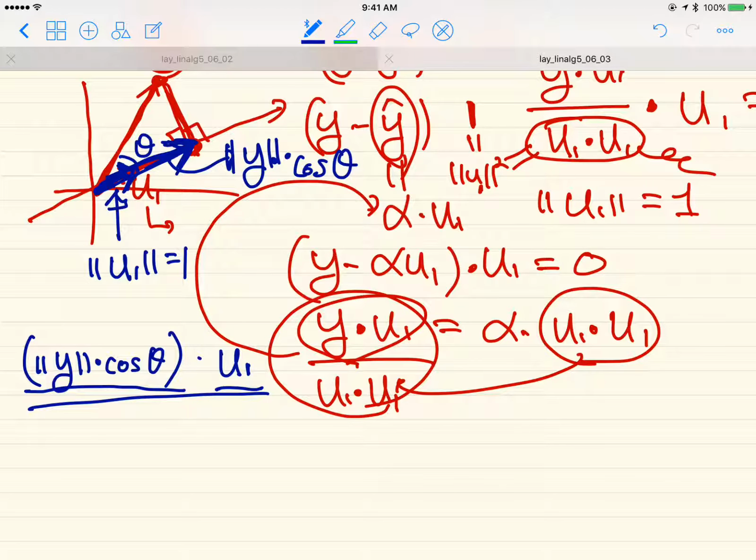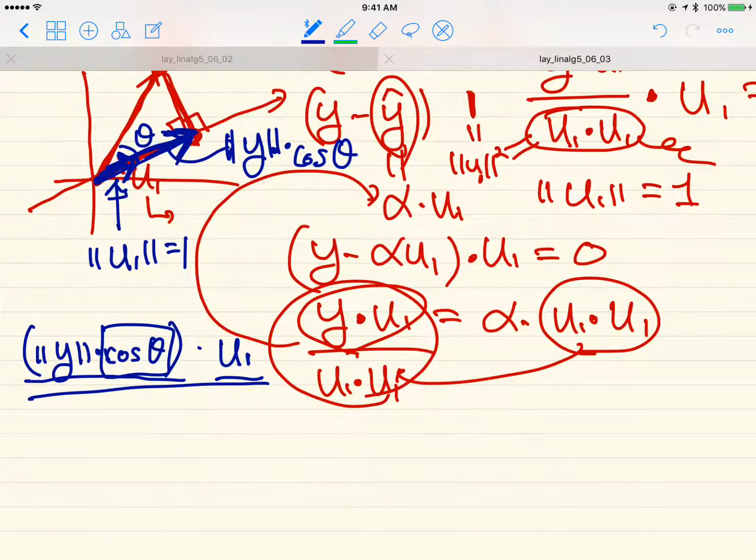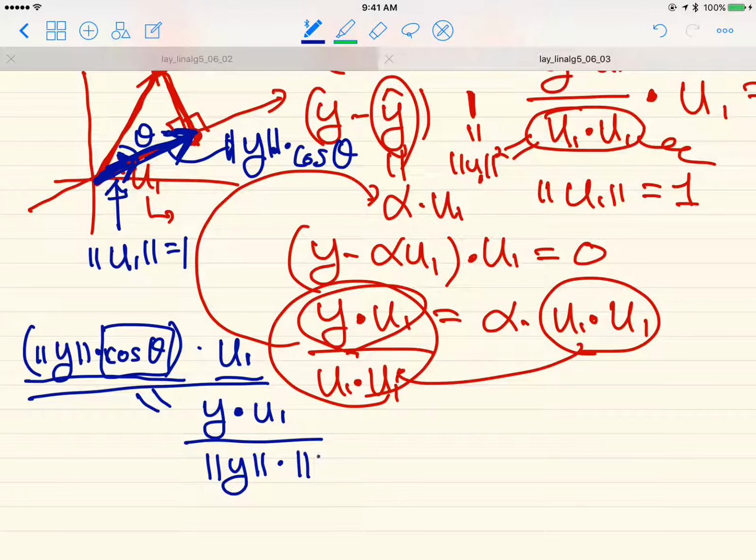Okay, and what is this cosine theta then? Let's use what we learned in high school. Cosine theta is y inner product with u1, divided by the lengths of these two vectors.